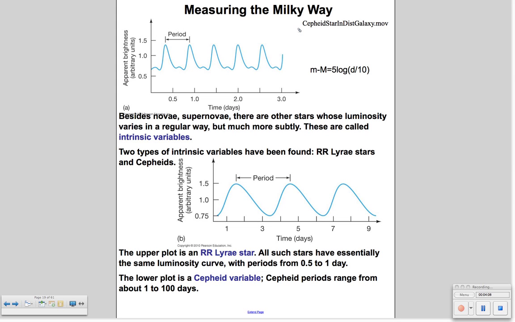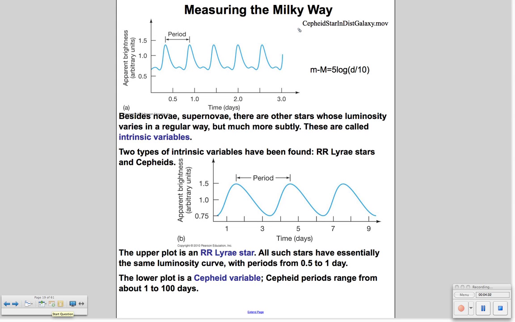There are two types of these variable stars, called RR Lyrae stars and Cepheids. RR Lyrae stars have essentially the same luminosity curve with periods from about half a day to 1 day. Cepheid variable stars have periods a little bit longer, from about 1 to 100 days.